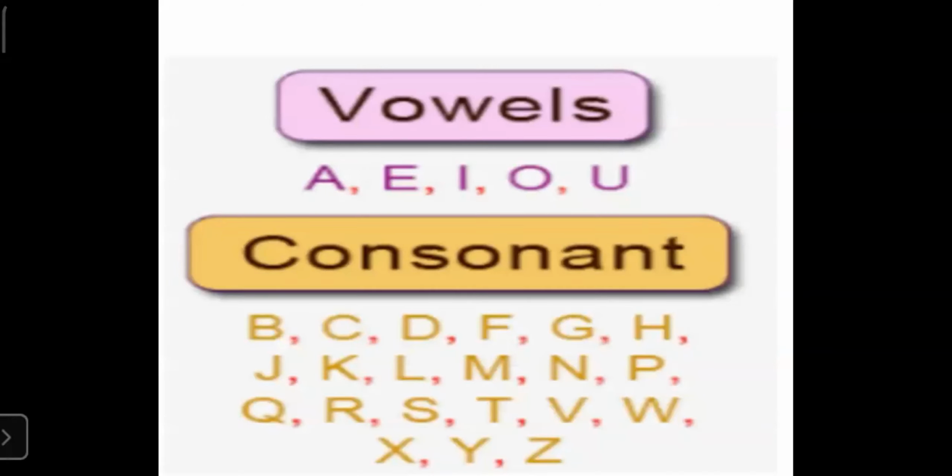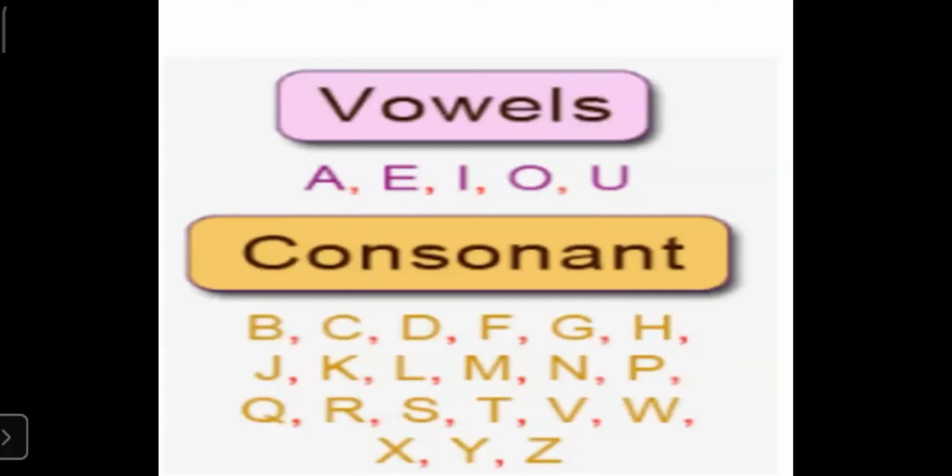Now in lesson number 8, we are going to learn about vowels and consonants. We already know, students, that English alphabet has 26 letters. In that, 5 letters are called as vowels and the remaining 21 letters are called as consonants. So which are the letters that are called as vowels?